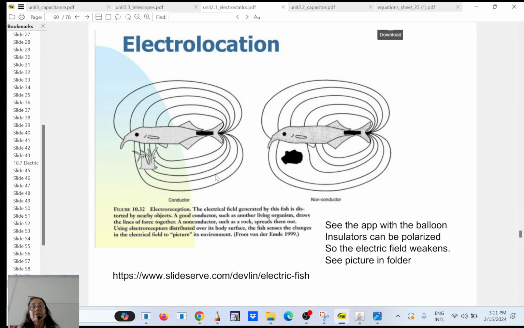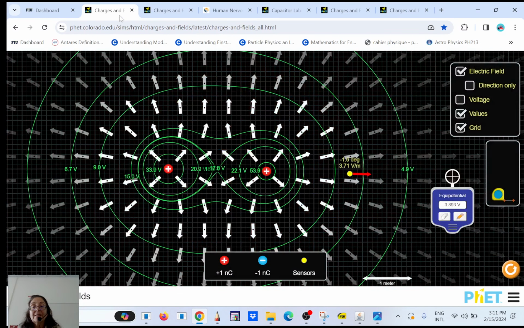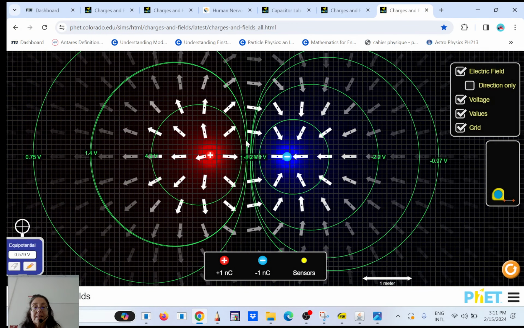Another application, I think I talked about that. I think it's called an elephant fish. I'm not sure, but you see, what is that configuration like this? Dipoles. Yes, it's a dipole. I don't have a dipole here. Is that a dipole? Oh, look at that. It's a dipole, right?